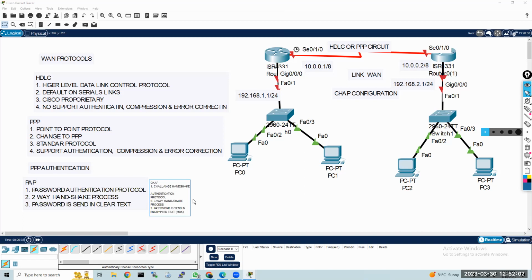What will happen? Have you rebooted that one? No, no. GI. Another tab is open. Just open it.